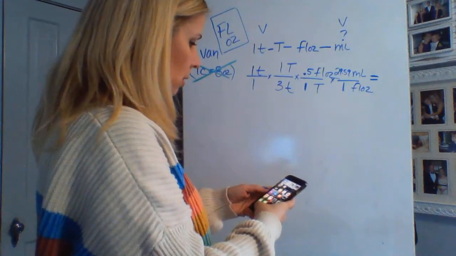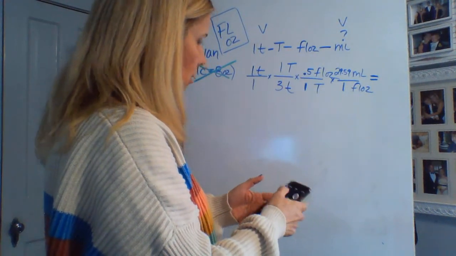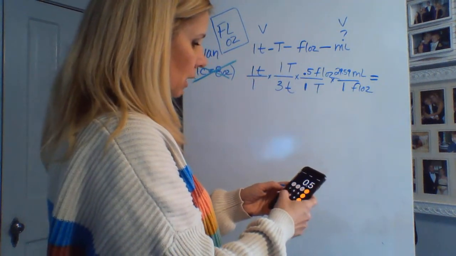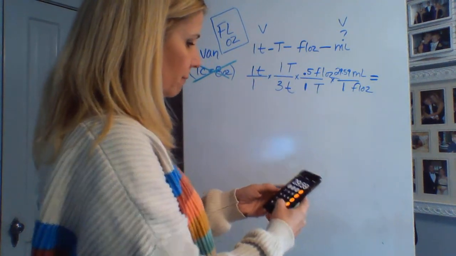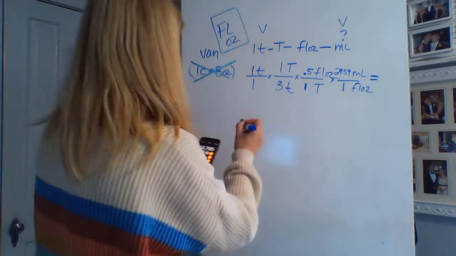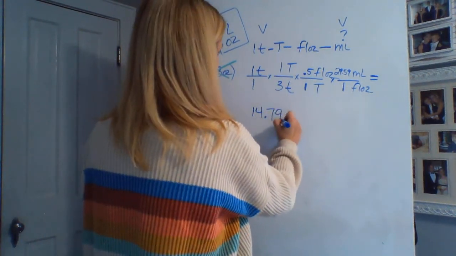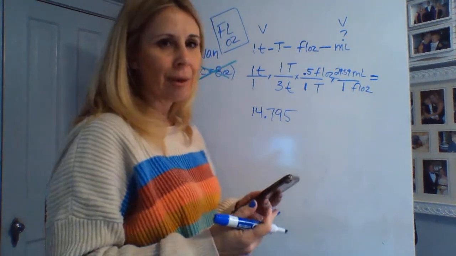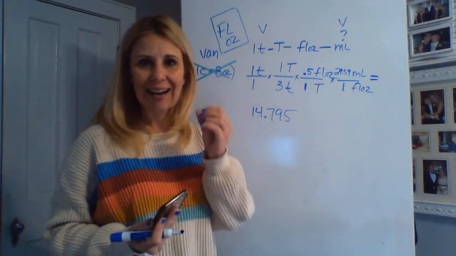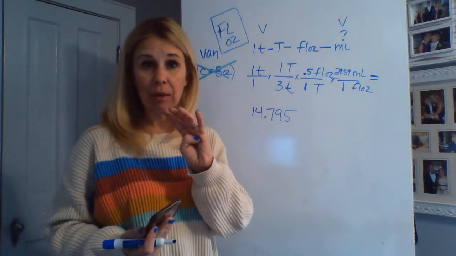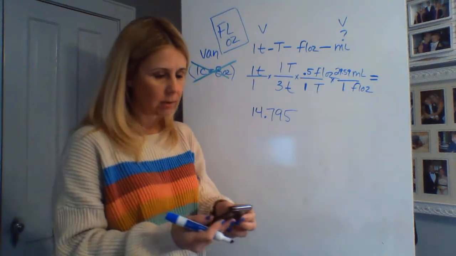So now I'm going to use my calculator here, and we're going to multiply 1 times 0.5 times 29.59, and we get 14.795. Remember from class that we want to take all of these numbers in this class out to 4 decimal places, or the 10,000th place, whenever possible.